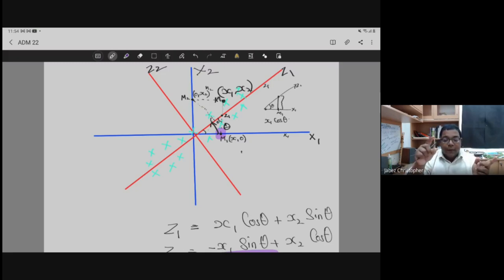Now in this z1 and z2, which captures maximum? Z1 captures the variance across so much of the data, but if I capture the variance across Z2, it's going to be only this. So I will not take the values represented on Z2. I'll omit Z2 and go only with Z1. That is my dimensionality reduction.